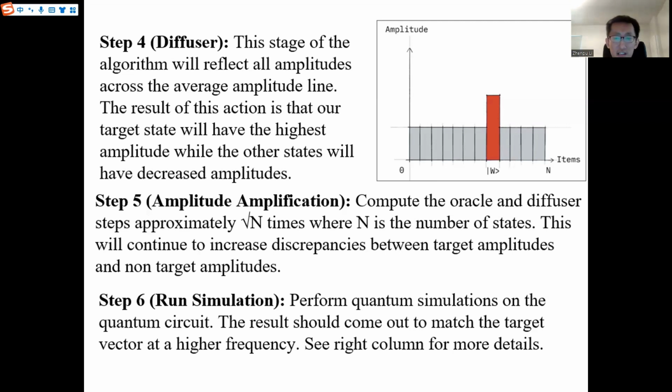And then here is the last step of the Grover algorithm, that is just to run the simulation on the qubit quantum circuit. So it's not really difficult, right?